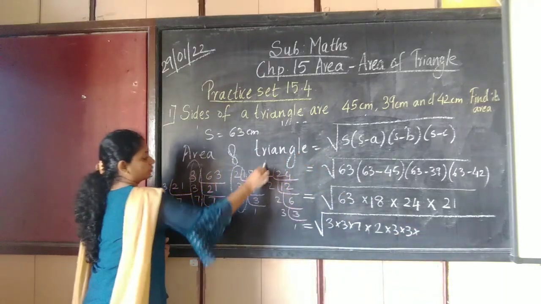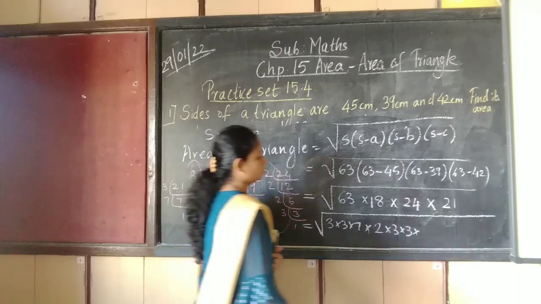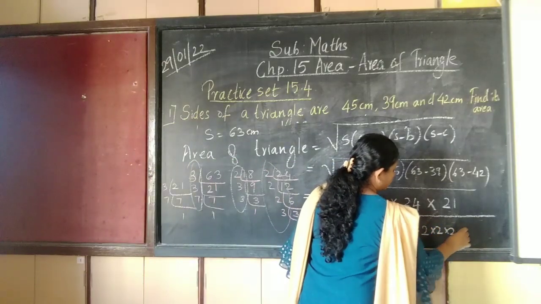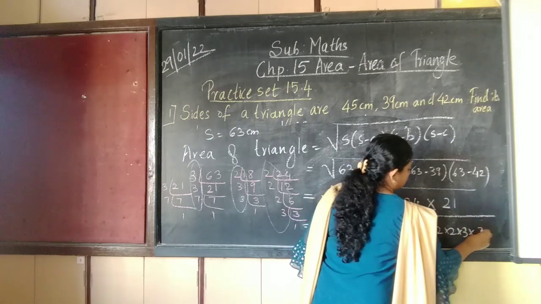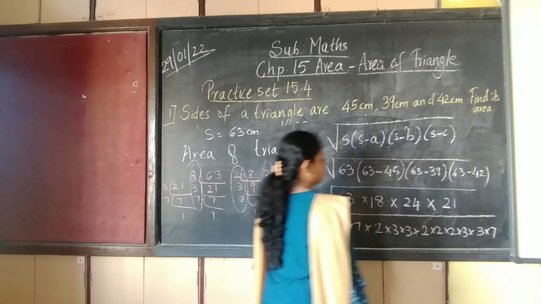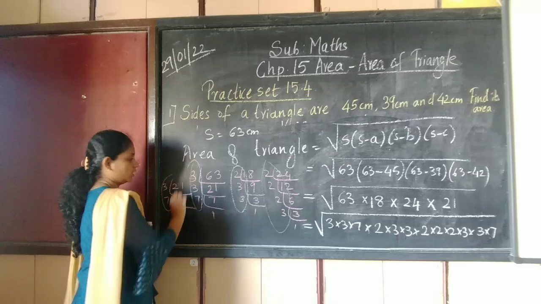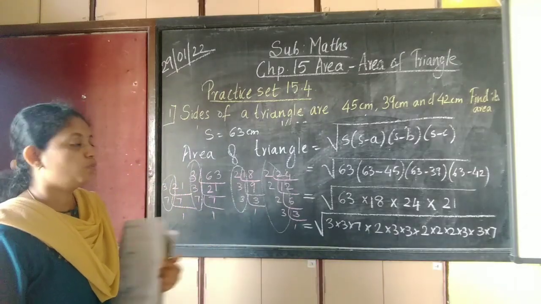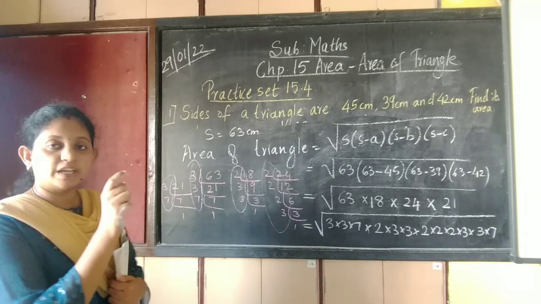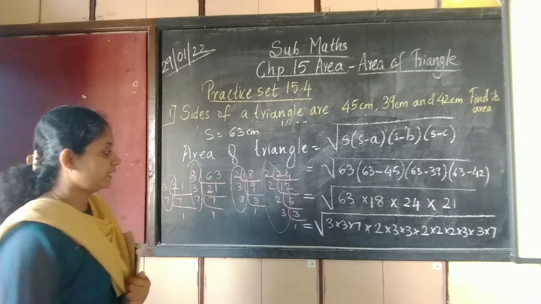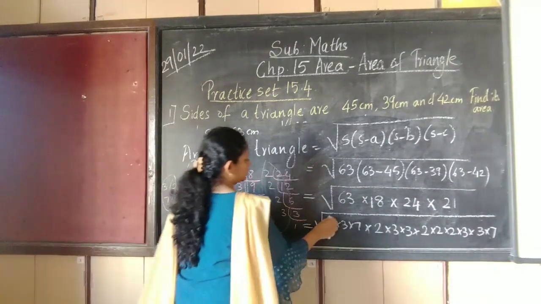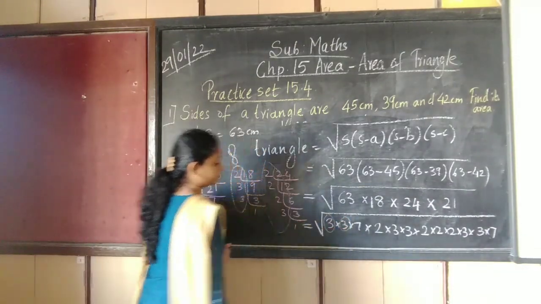Next 24: 2 into 2 into 2 into 3. And last, 21: 3 7s are 21, correct? That is nothing but 3 into 7. Now what we are going to do is take the numbers that are repeating. You can see here, 3 is repeating twice.